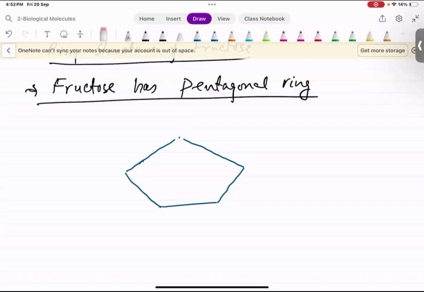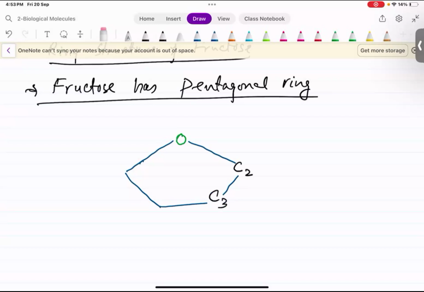This position has an oxygen here, and this position has carbon number 2 here. This position has carbon number 3 here.